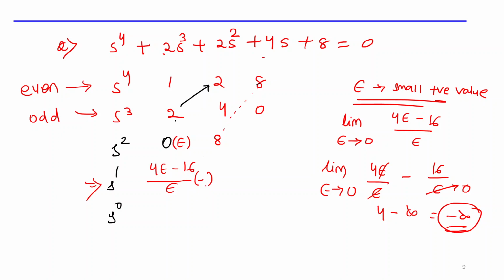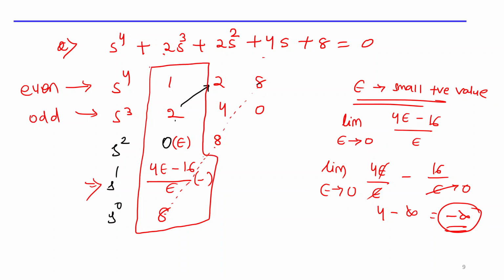Since it is a negative number, you know that this 8 will come again here. Now you can see in the first column how many sign changes there are. From epsilon, a positive number, to negative, there is one sign change. Here also negative to positive, another sign change.